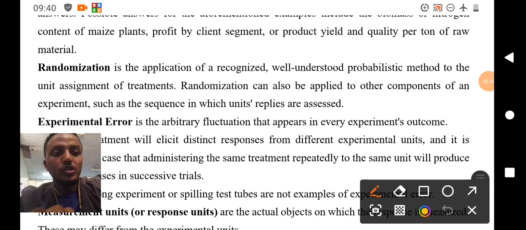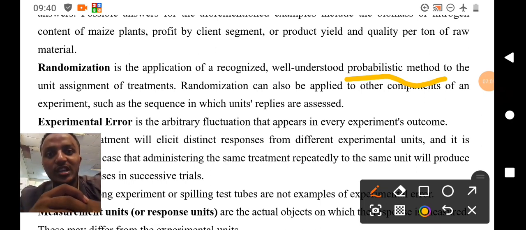The probabilistic method is the way and the method by which the experimenter can conduct the experiment.